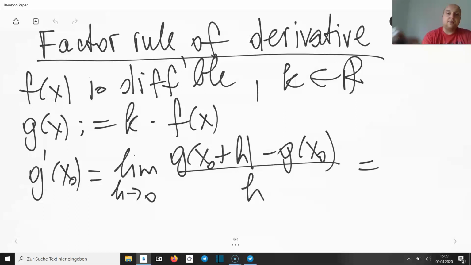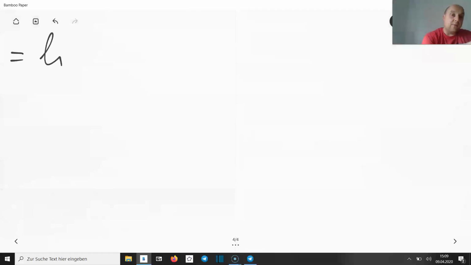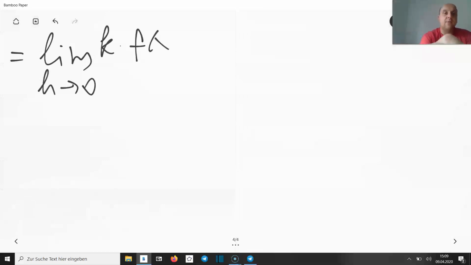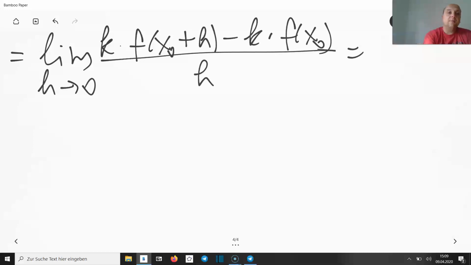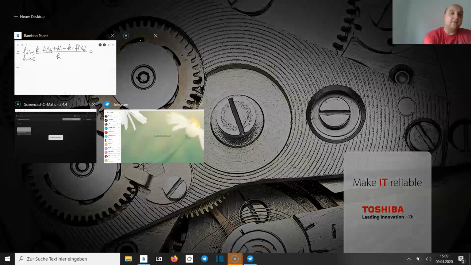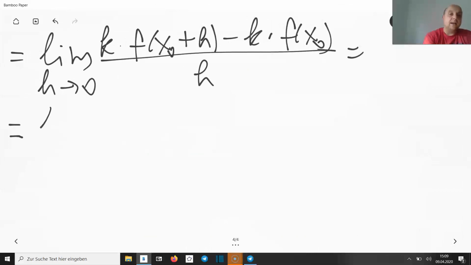Now, by the definition of the function g, we know it's k times f, right? So it's k times f of x0 plus h minus k times f of x0 divided over h. Now, using the distributive law, we can kick k outside of the numerator.